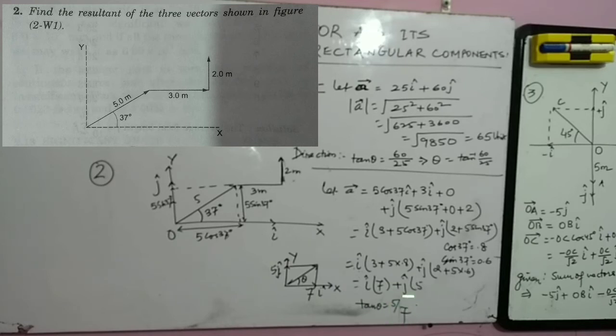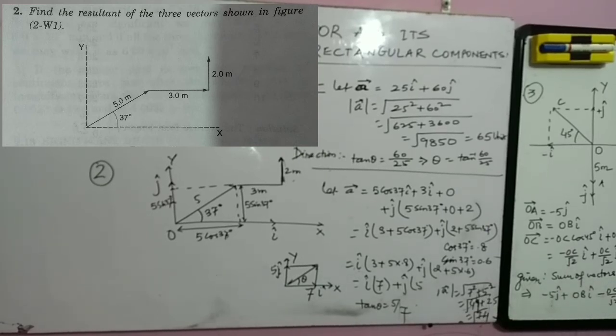And what will be the magnitude of this vector? You can get the magnitude of this vector. So the magnitude of vector A will be equal to under root 7 whole square plus 5 whole square. So this will be equal to 49 plus 25. So I think this is coming out to be under root 74.